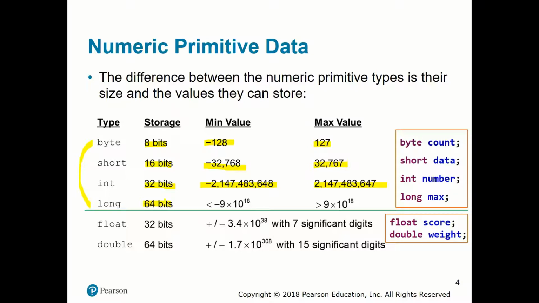So when working with small integers, I think it is a good idea to use byte or short type. And when dealing with very large integer values, use long data type. In most cases, I would recommend using int. So int is the most popular type.